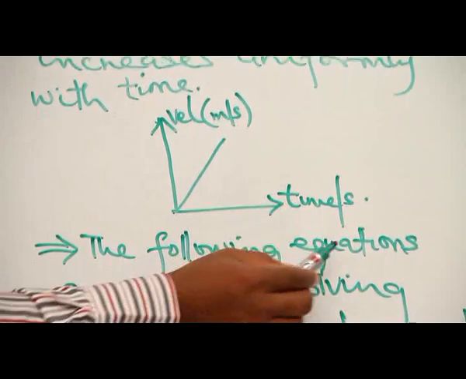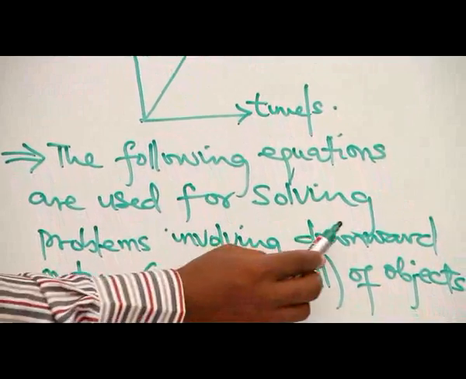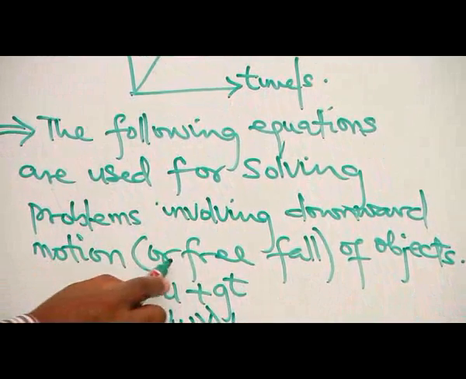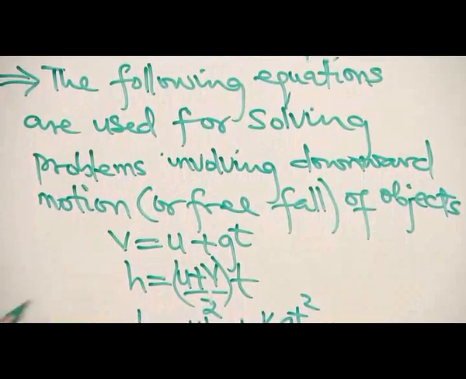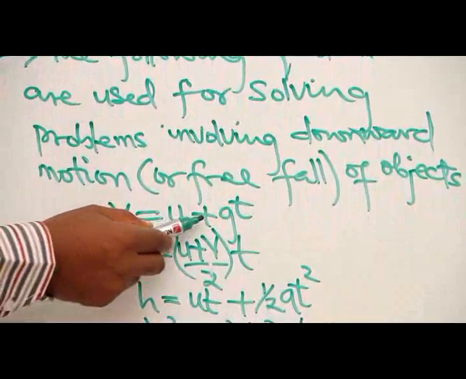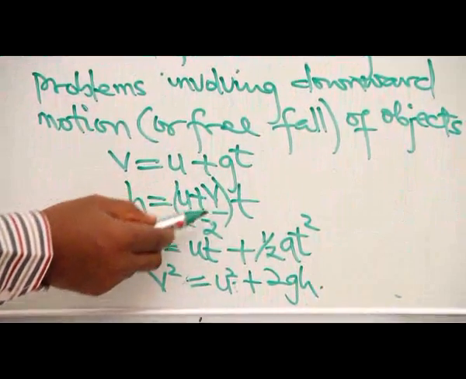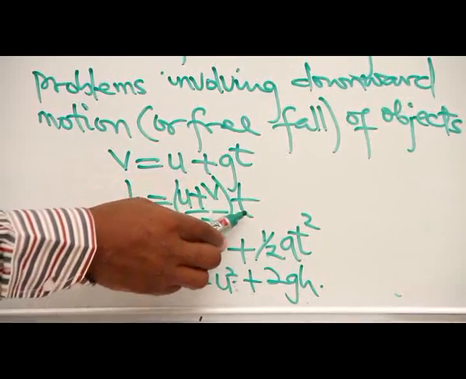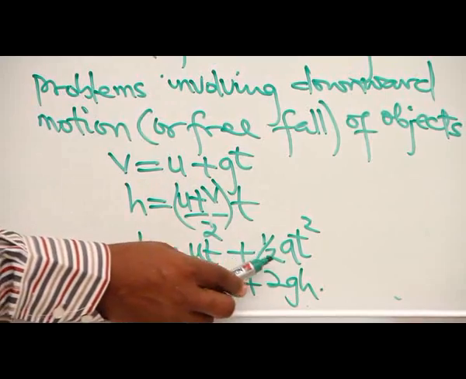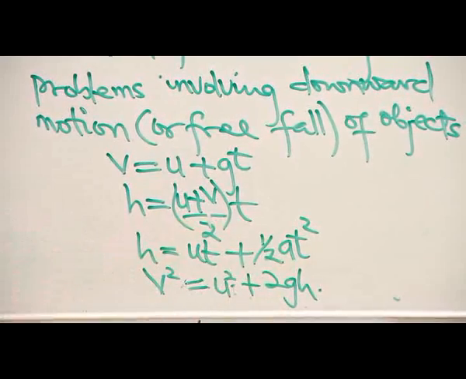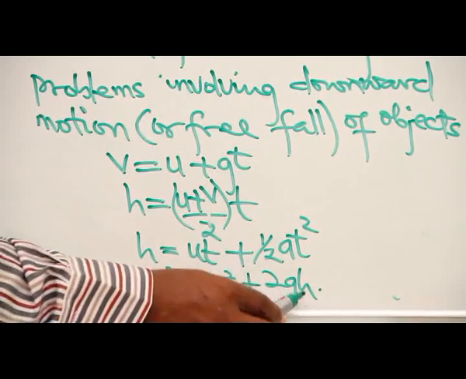The following equations are used for solving problems involving downward motion, otherwise called free fall, of objects. These are v equal to u plus gt, h equal to (u plus v) over 2 times t, h equal to ut plus half gt squared, v squared equal to u squared plus 2gh.